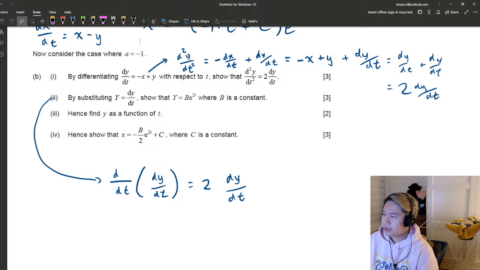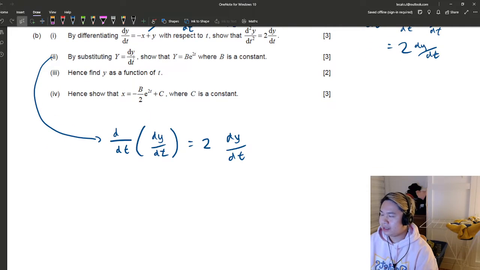So when I make my substitution as big Y is the derivative, this becomes basically a first order differential equation. First order means it's one derivative and not a double derivative. So this becomes dY/dt equals 2Y.